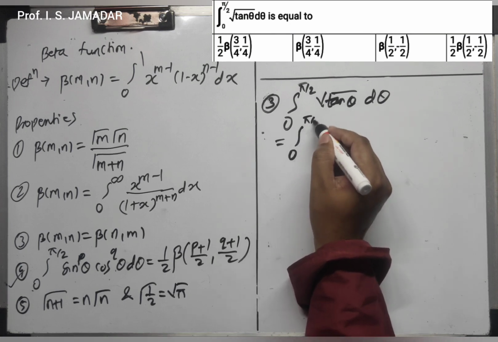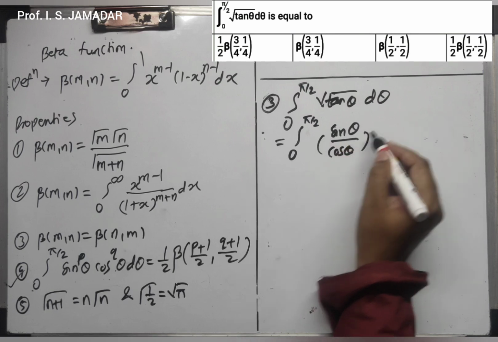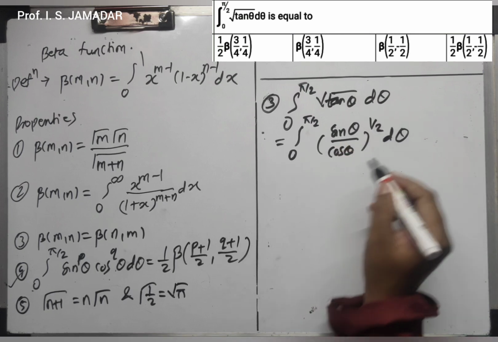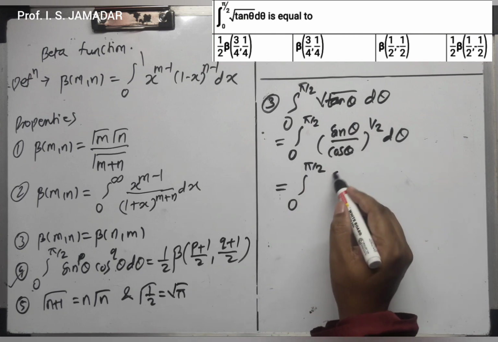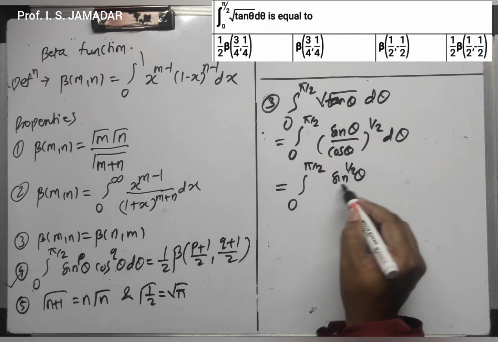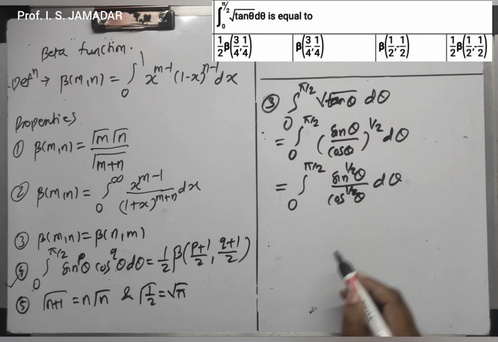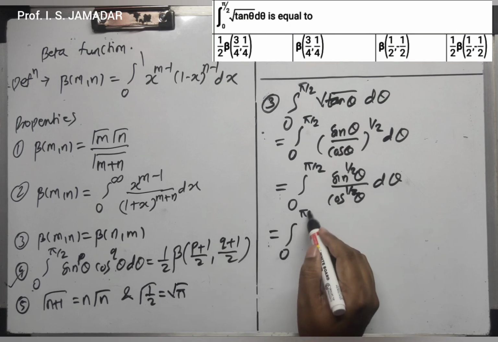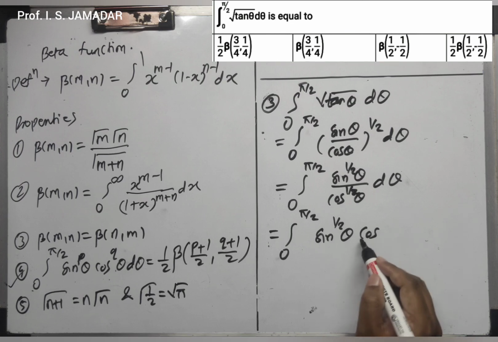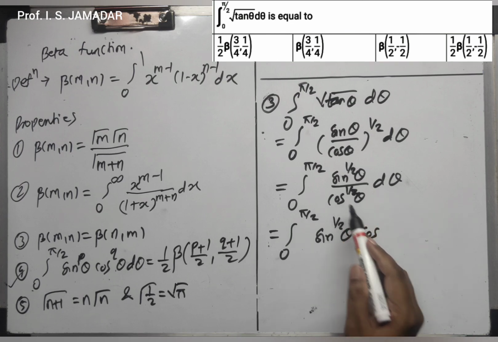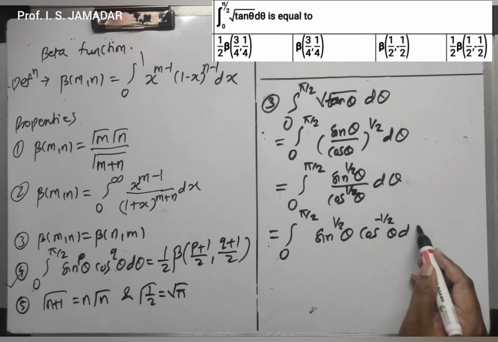So it is integration 0 to pi by 2 of (sine theta upon cos theta) raised to 1 upon 2 d theta, that is integration 0 to pi by 2 of sine raised to 1 by 2 theta upon cos raised to 1 by 2 theta d theta, that is integration 0 to pi by 2 of sine raised to 1 by 2 theta into cos raised to, this cos is in the denominator, if we shift it to the numerator it will become cos raised to minus 1 by 2 theta d theta.